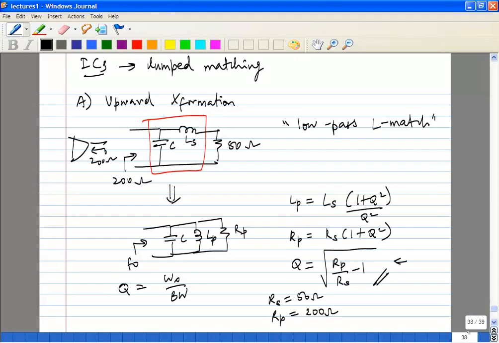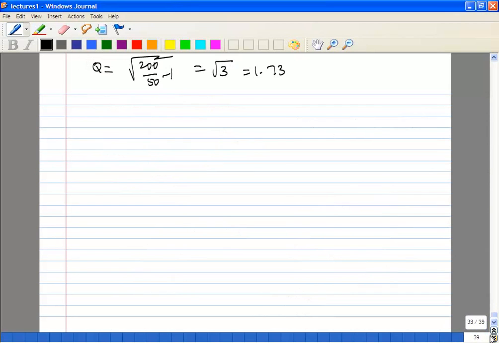One, of course, is fine. We know RP and RS, so we found out Q, right? Once we find out Q, we're going to use this information that we wanted at a particular frequency to calculate LP and C, and then we'll work backwards. We know the relationship between LP and LS, and we'll back calculate LS. Okay. So let's see how that works out.